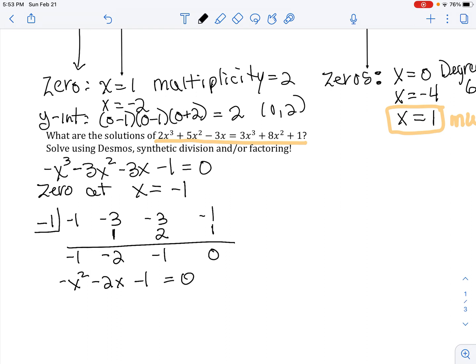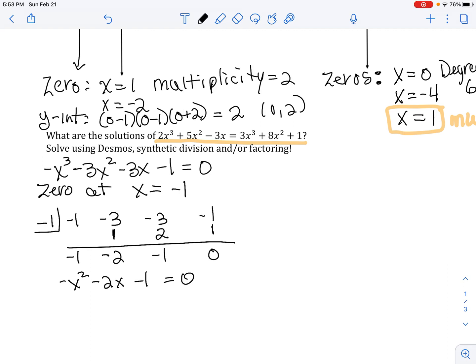You can factor, you can use the quadratic formula, right? When you're solving quadratics. We already know that this doesn't factor because we looked at the graph. And on the graph, the polynomial does not cross the x-axis any more than at that one point. So we can't have any more real zeros.